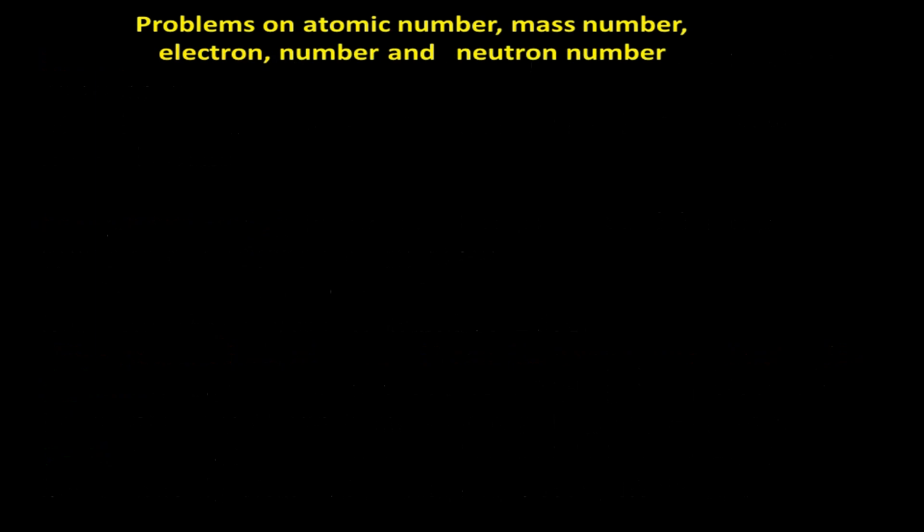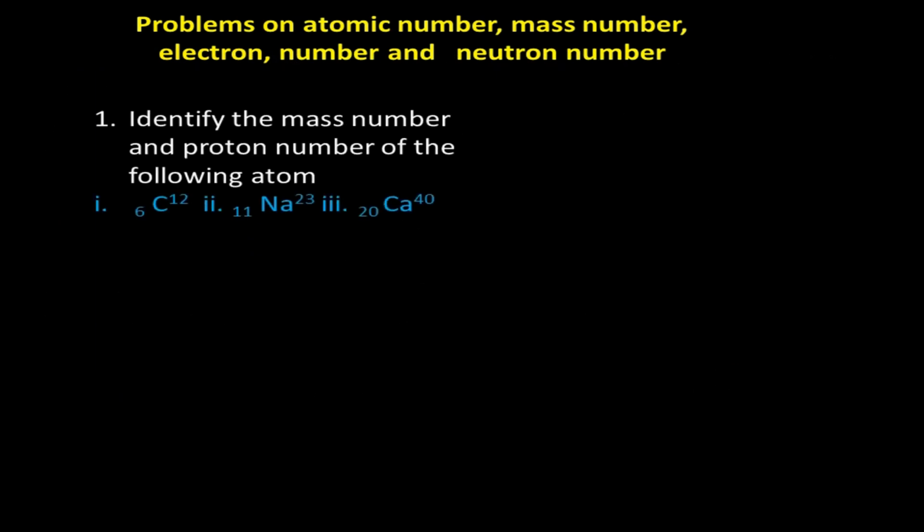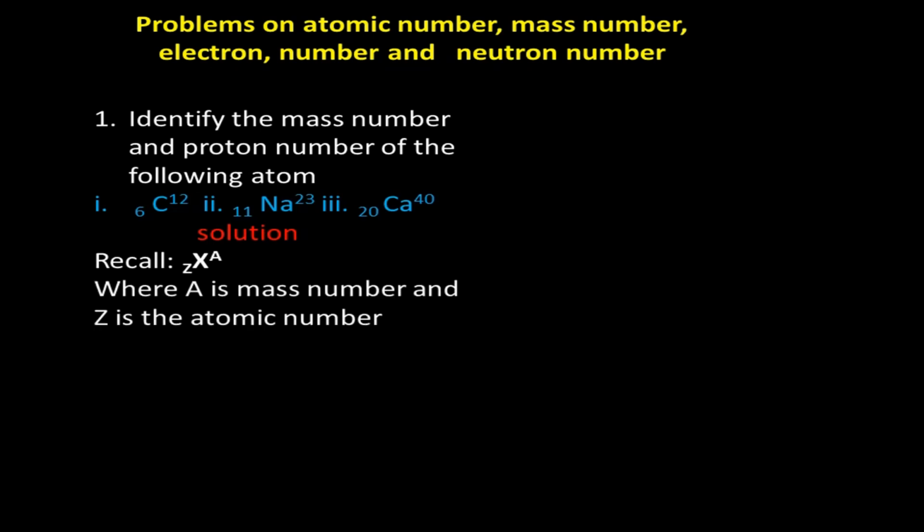Problems on atomic number, mass number, electron and neutron number. Identify the mass number and proton number of the following atoms: carbon, sodium, and calcium. Solution: recall the representation of an atom of an element S, where A is the mass number and Z is the atomic number.